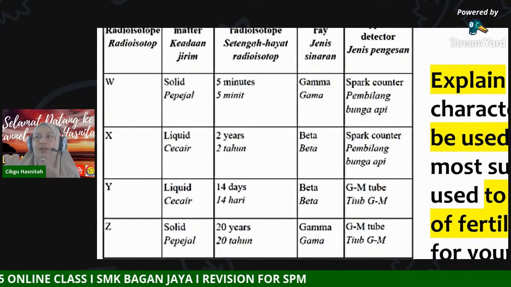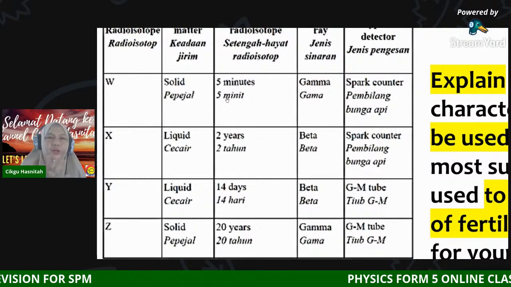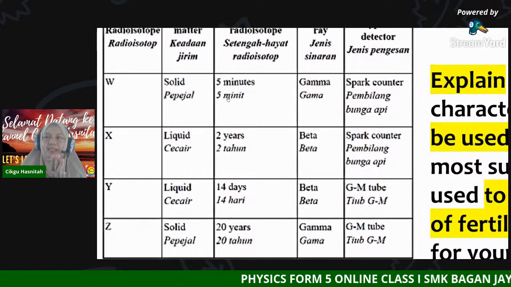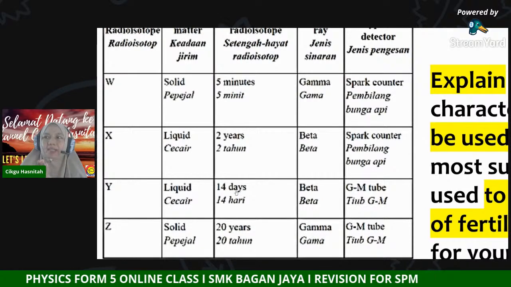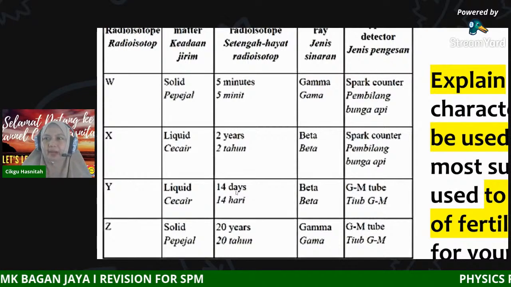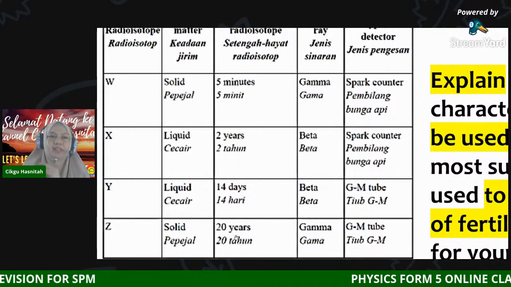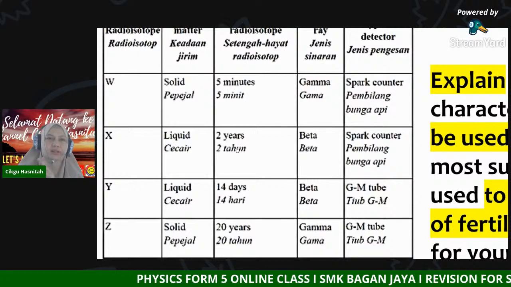And you can see here for W, the half-life is very short, 5 minutes. Okay, X, 2 years. For Y, you can say moderate, 14 days. For Z it is 20 years, long. So here we have long, short, and moderate.